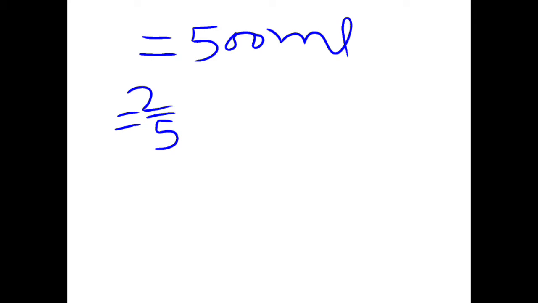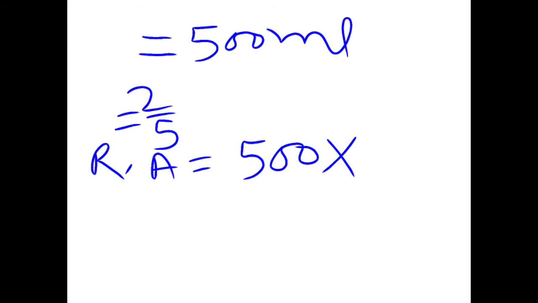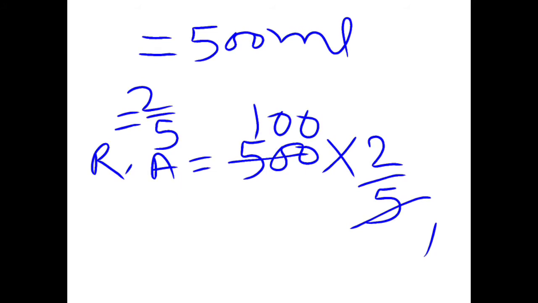How will you find out the remaining amount? Remaining amount equals, total is 500 and we are just finding 2 upon 5th of the total. So 5 ones are 5, and 0 0 as it is. So 100 multiplied by 2 gives you 200 ml. So the remaining portion was 200 ml.